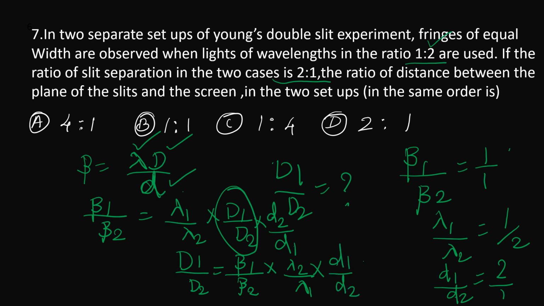Let us substitute the values. That is beta 1 by beta 2 is 1, then lambda 2 by lambda 1 is 2 by 1, d1 by d2 again 2 by 1. So answer is 4 by 1 or 4:1. Option A is the correct one.